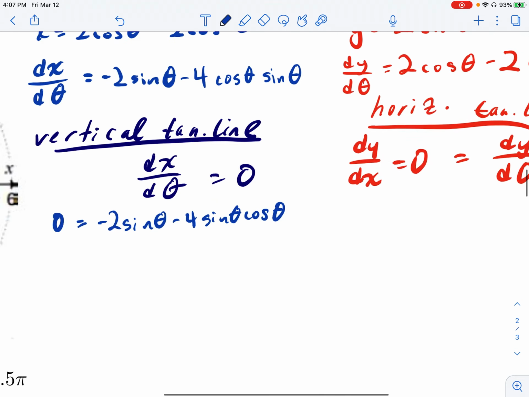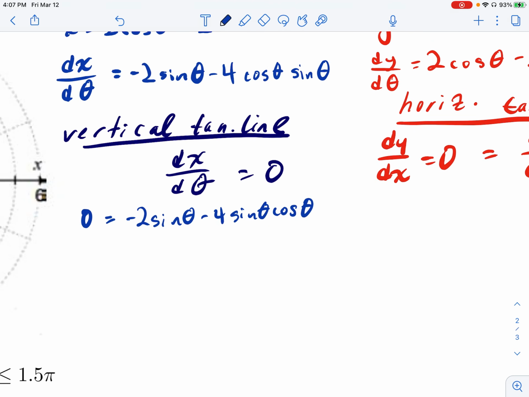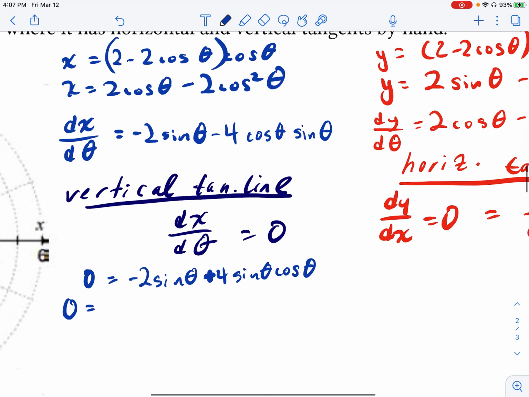And looking at this, it probably would be easiest if I factored out a 2 sine theta. Sorry, I should say this should be positive, if I'm not mistaken. Yes, I believe that this up here should be positive. I made a mistake there.